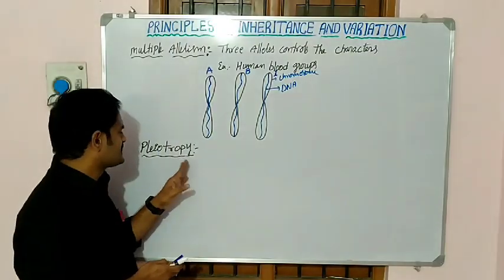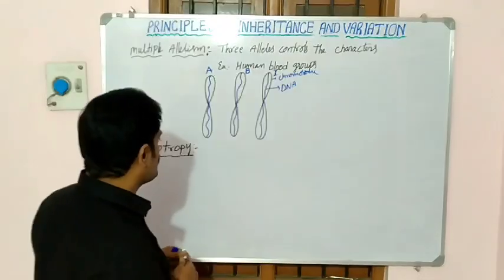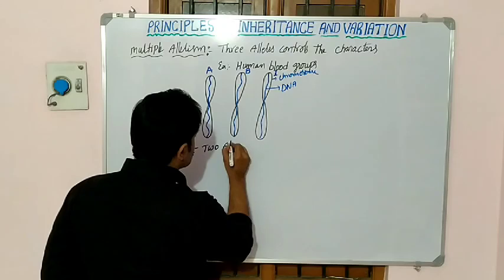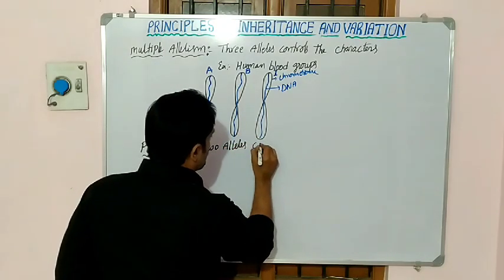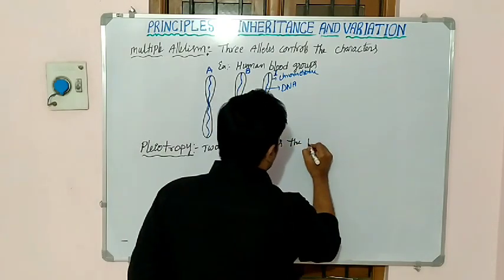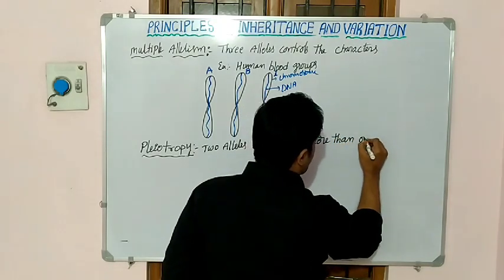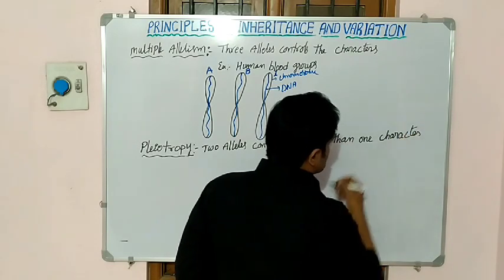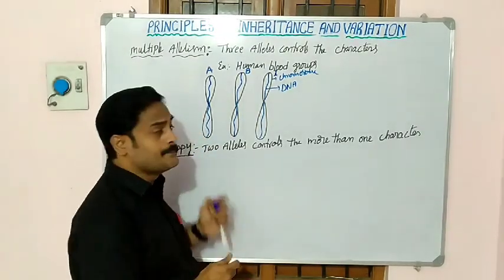Such a process is called pleiotropy. So what is pleiotropy? It controls more than one character.